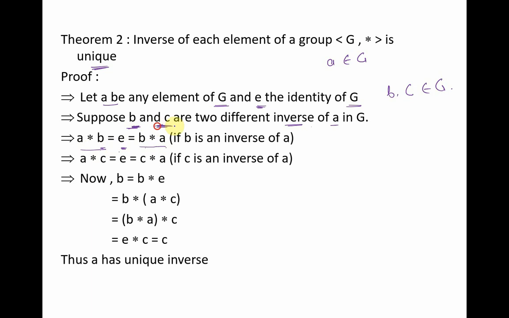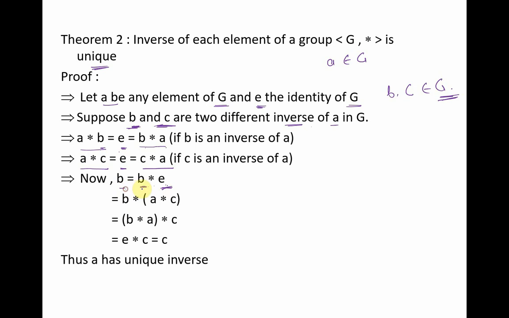Again, if C is the inverse, I can write A star C is equal to C star A is equal to E. Now, I can write B as B star E. B is an element belonging to the set G and E is the identity element of this group. Anything operated upon by the identity element does not change.